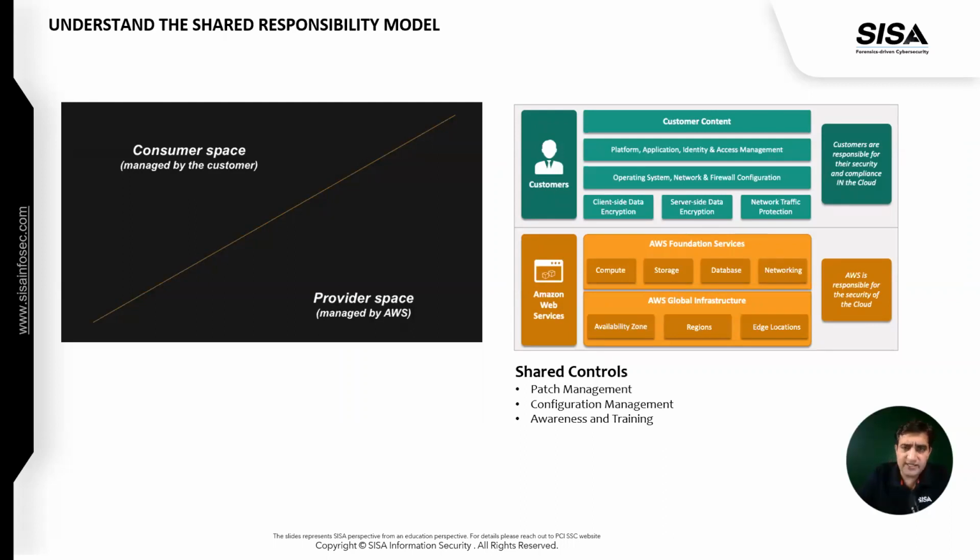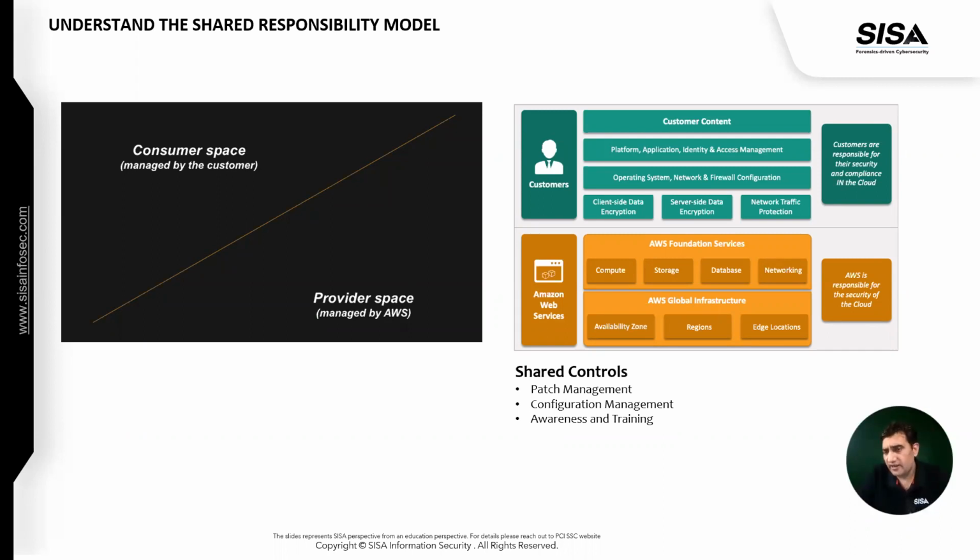Now let's understand the shared responsibility model, because this is where most of the accountability goes for a toss. You can see on the screen, on the left-hand side, there are certain responsibilities for the consumer, that means the cloud customer, and certain responsibilities for the cloud service provider, right?